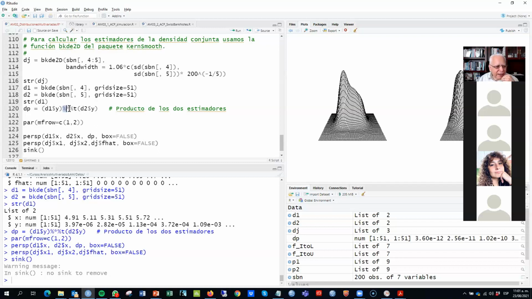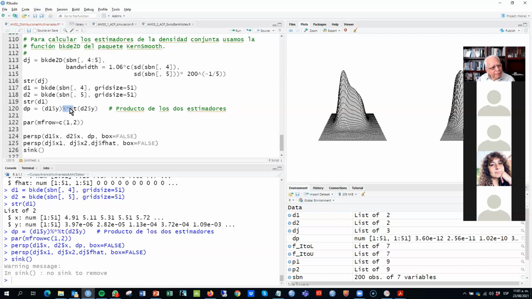And this thing here is a vector multiplication. To multiply vectors, you would use the percent sign, star, and percent sign, and that gives you vector multiplication.